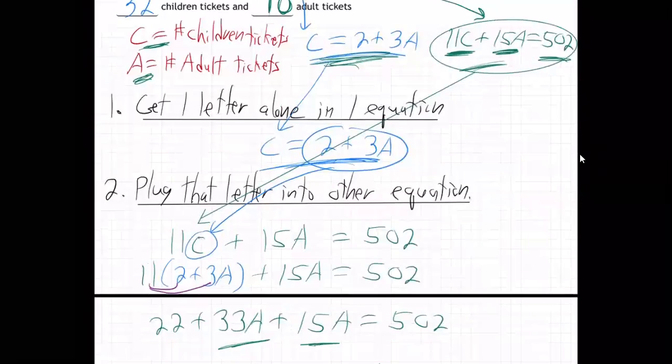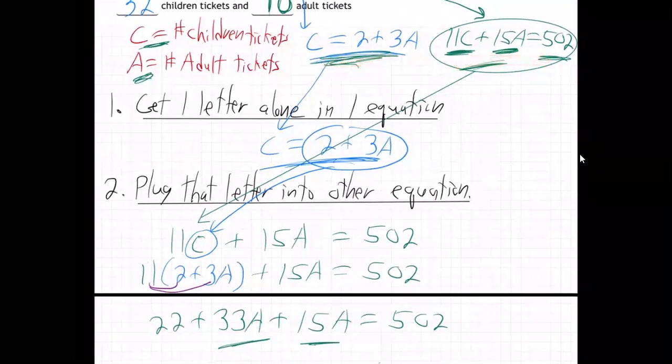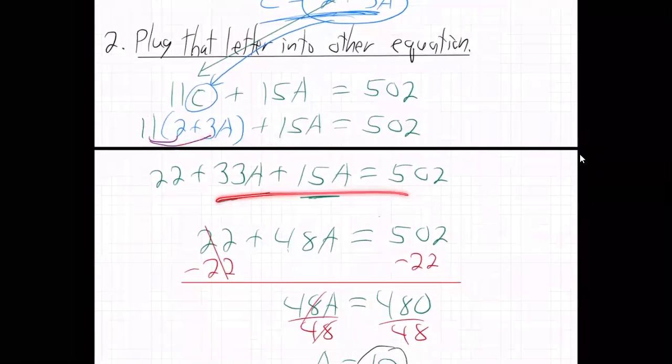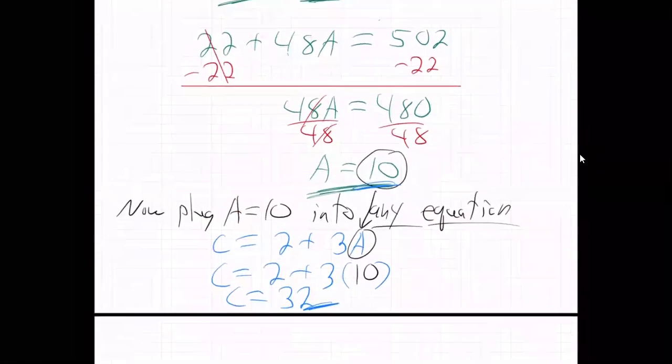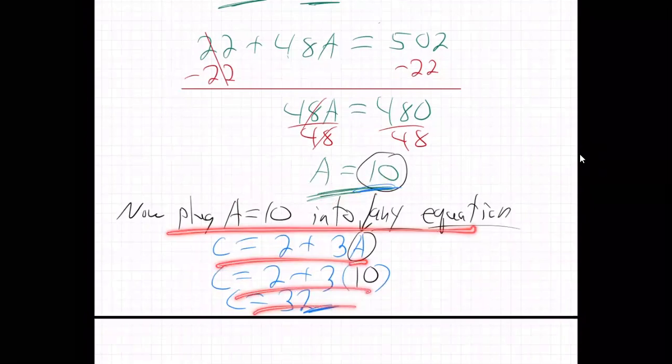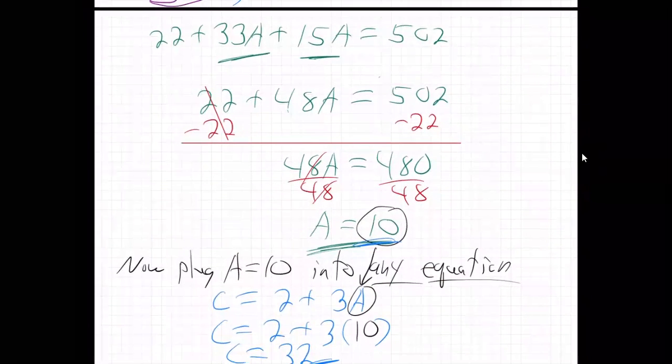So when you've got 2 equations with 2 letters, you get 1 letter alone in one equation. It already was. That was nice. Plug that into the other equation. So then we get this equation here. We solve for A, a few steps, and then plug that into anywhere else. Plugged in here, got C. So there we go.